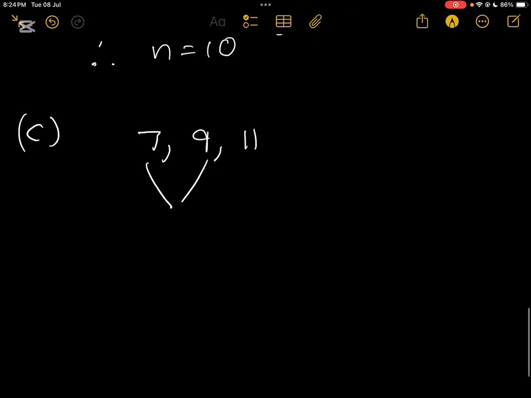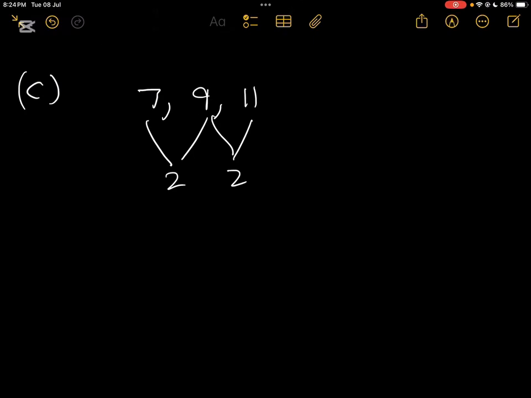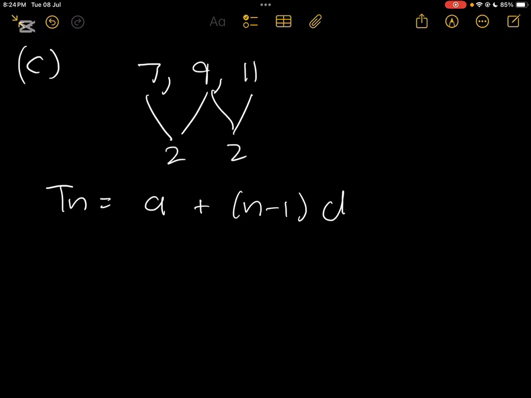If I look at the difference, we know the difference is 2. The general formula for a linear pattern would be Tn is equal to a plus n minus 1 times d. In our linear pattern, a is the first number and d is our constant difference.